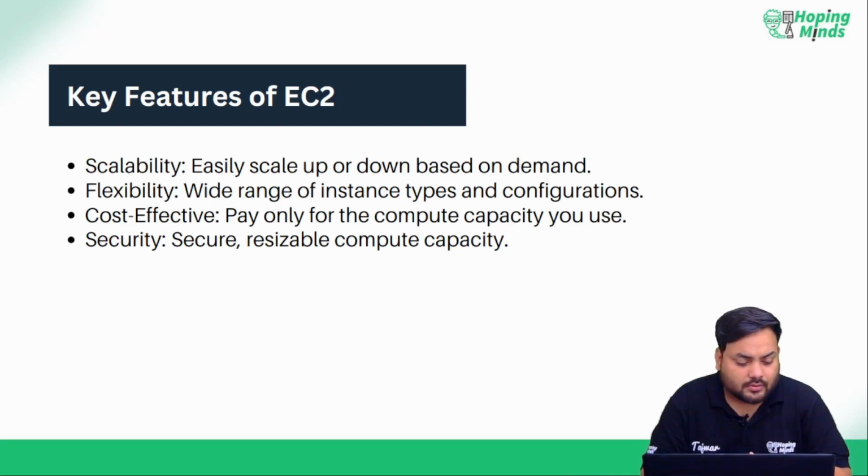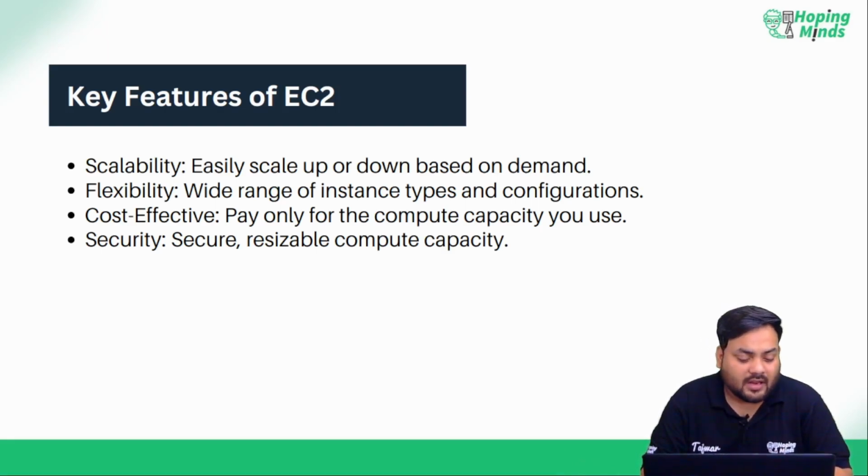Once you are done with that usage, you have to pay for how much you actually use. Let's suppose you use EC2 for 1 hour, you pay for 1 hour only. From the very beginning of the course, I keep saying it is based on a pay as you go policy: you pay according to how much you use.